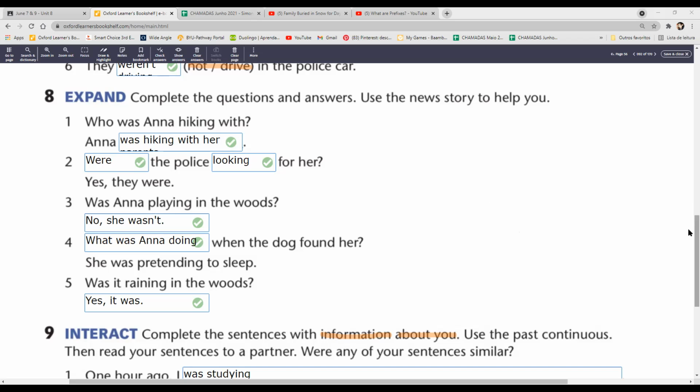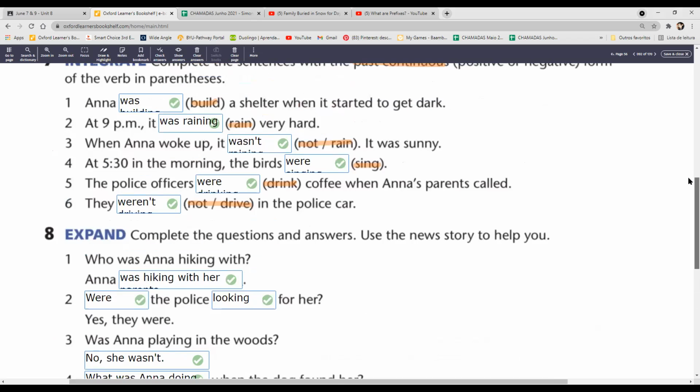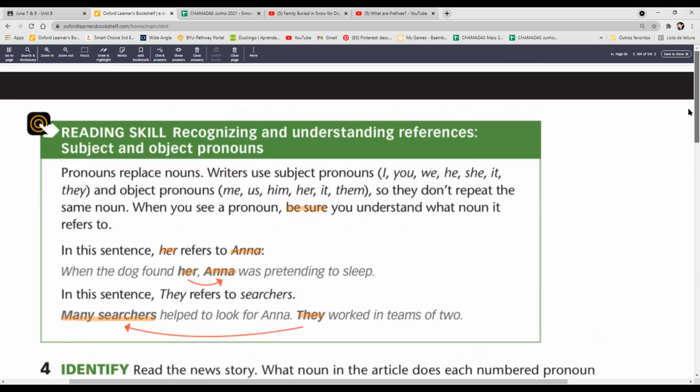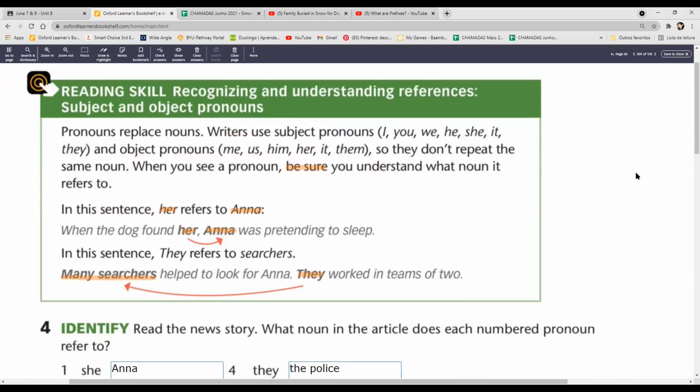So guys, let's see what we learned today. Let's go back one page. Today, we started by talking about using pronouns to avoid repetition, okay? So that's really important to know. It makes our writing much better, okay?